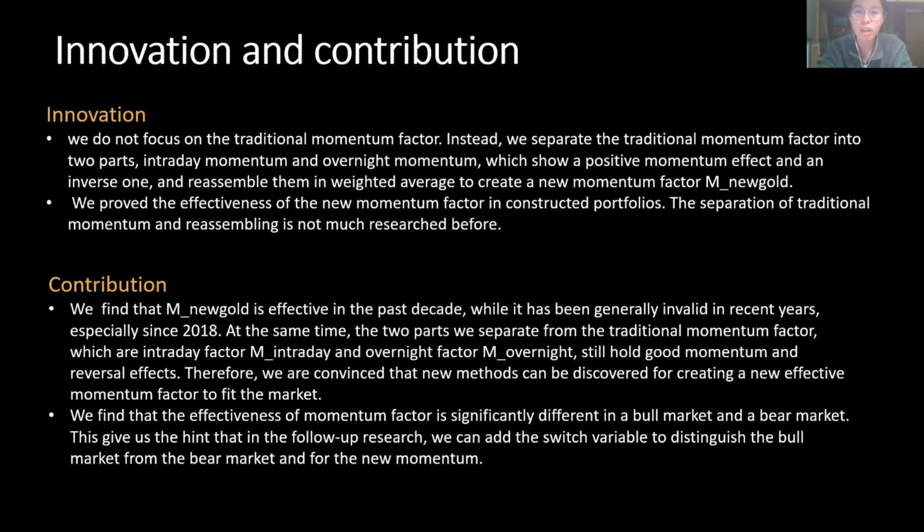Therefore, we are convinced that new methods can be discovered for creating a new effective momentum factor to fit the market. In our paper, we find that the effectiveness of the momentum factor is significantly different in a bull market and a bear market. This gives us the hint that in follow-up research, we can add a switch variable to distinguish the bull market from the bear market for the new momentum factor.